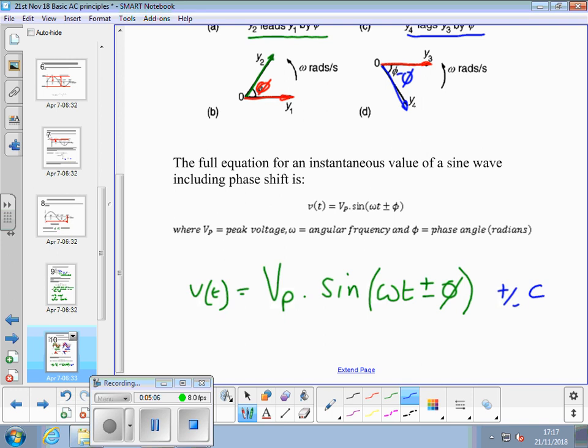More about that when we do some maths next year. But any function can have a constant that shifts it up and down the y-axis.